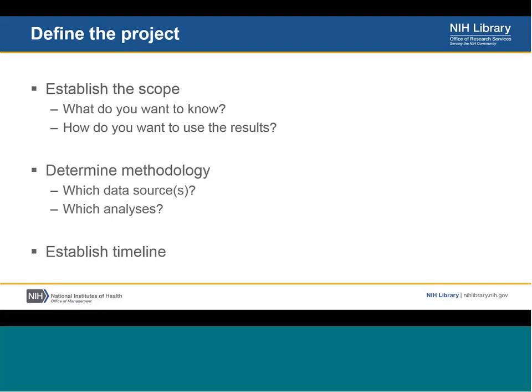And then, of course, it's always very important to establish what the timeline is. Some people will come to us and say, well, we want an analysis of everything we've ever funded by, I don't know, next week. That's not reasonable. So we need to establish what a reasonable timeline actually looks like, and then work out from there what is actually possible given that timeline.